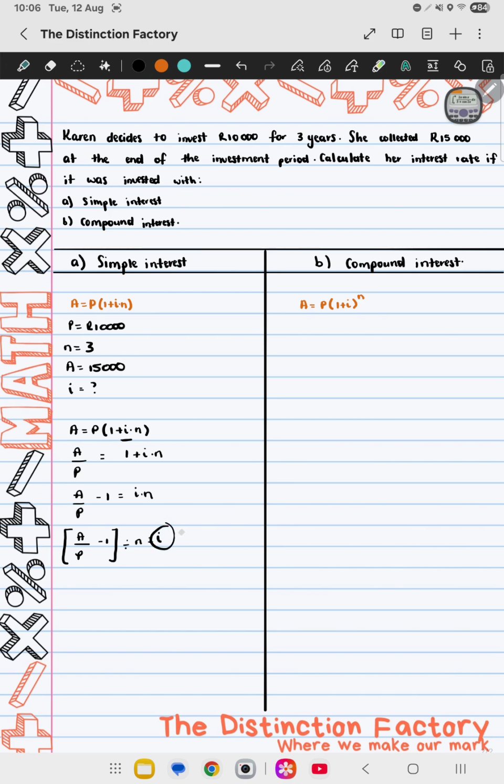Okay, now that I have my I alone, I can then substitute into this equation, type it into my calculator and get my answer. So the A value is 15,000 Rand. The P value was 10,000 Rand. We've got the minus 1, which is outside of the fraction. And we are dividing this by N, which was 3.